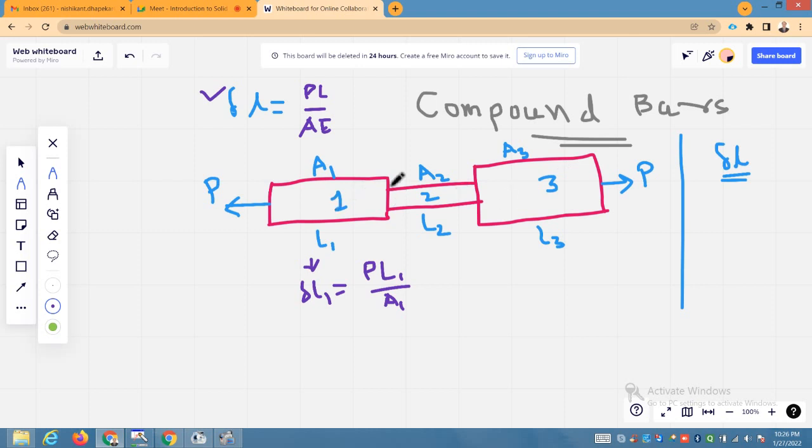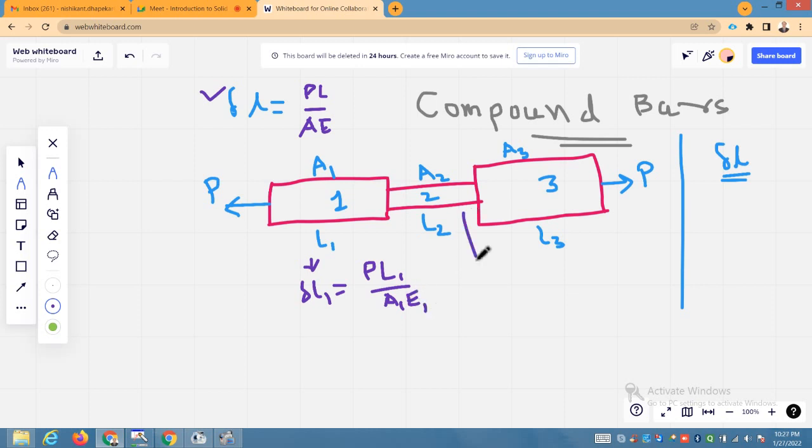It is also called a compound bar, but E value will remain same. And if materials in these sections are different, then E modulus of elasticity will also be different. So let us assume that these sections are made up of various different materials. So it will be equal to E1.